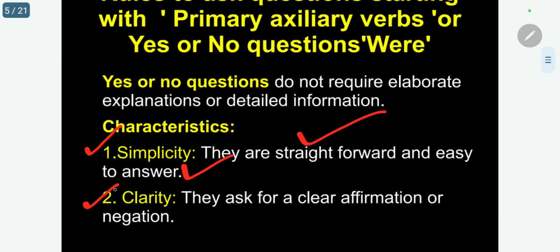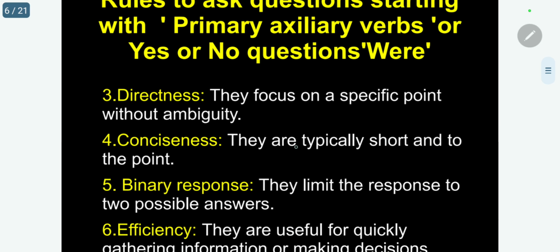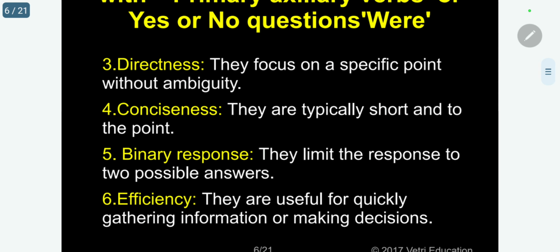Number 2, clarity. They ask for a clear affirmation or negation. Very, very important. Number 3, directness. They focus on a specific point without ambiguity. 4. Conciseness. They are typically short and to the point. 5. Binary response.